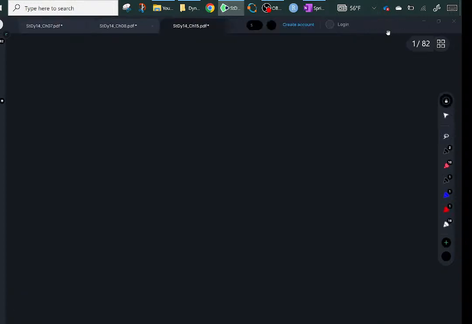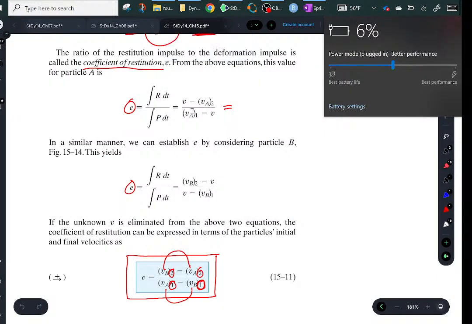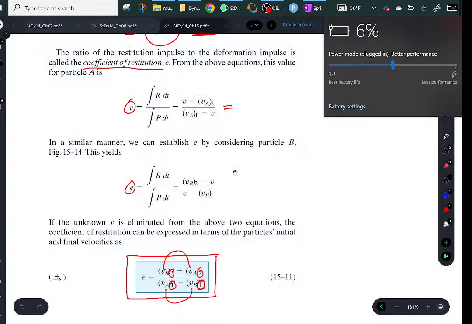Taking a long time. Let's see if my battery goes down or up. Staying at 6%. Okay, so that's what we want to keep. So we'll get rid of all the others. Okay, go away. Come on. Where is it?